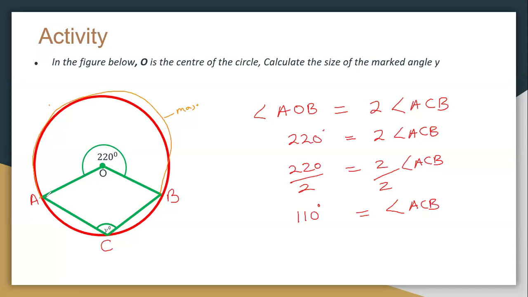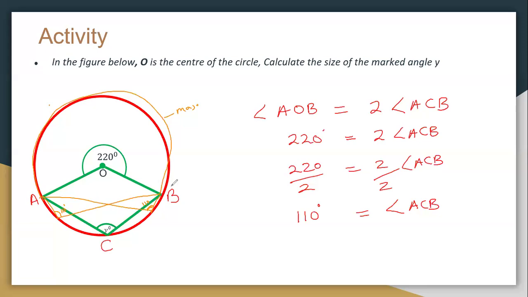Sometimes they can trick you. They can draw it like this, or like this. As long as the lines are coming from A and from B and meeting at the circumference, this angle is still going to be 110 degrees.